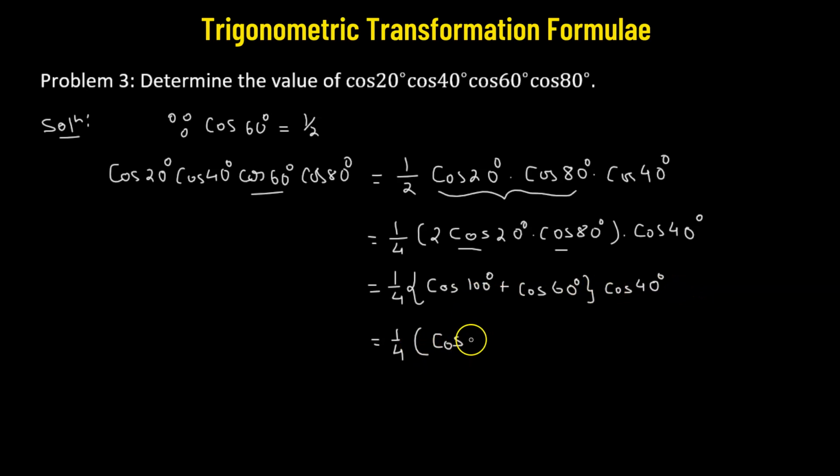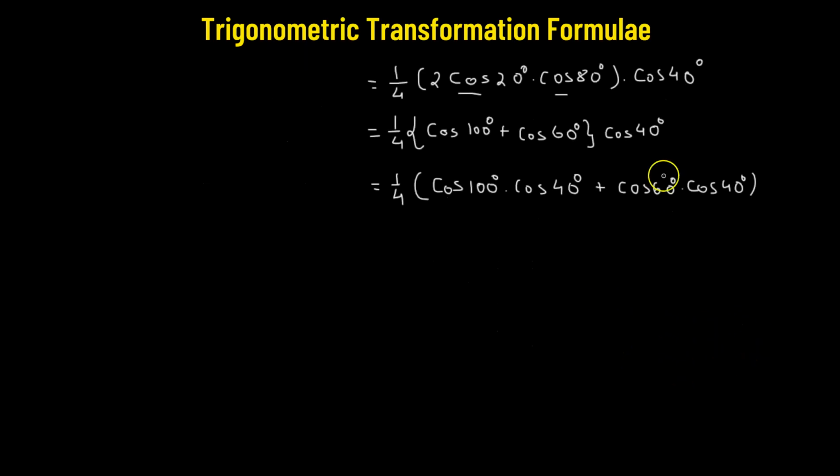So we have cosine of 100 degrees times cosine of 40 degrees plus cosine of 60 degrees times cosine of 40 degrees. Now, what we can do, we can replace the value of cosine 60 degree with half, and also here we have a product of two cosine functions, so we're going to multiply with half and 2.